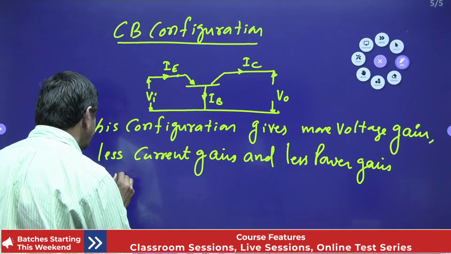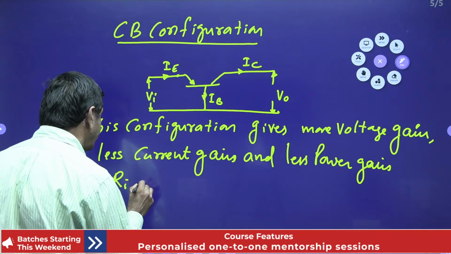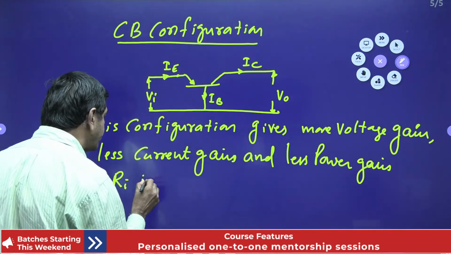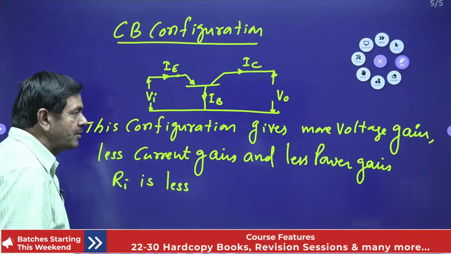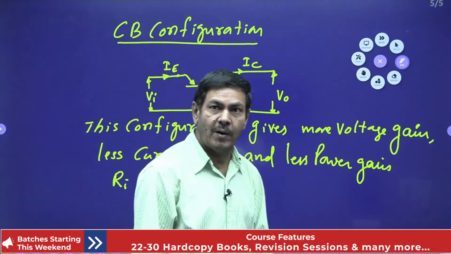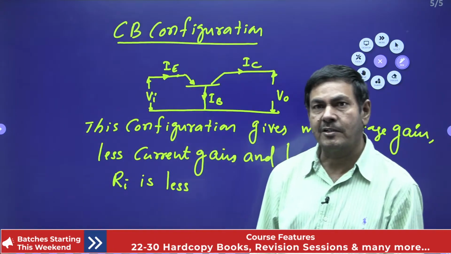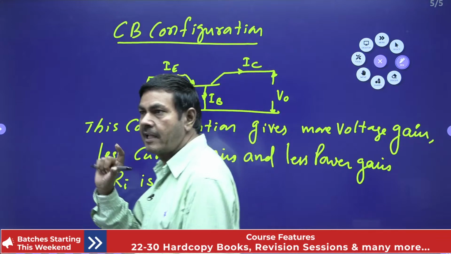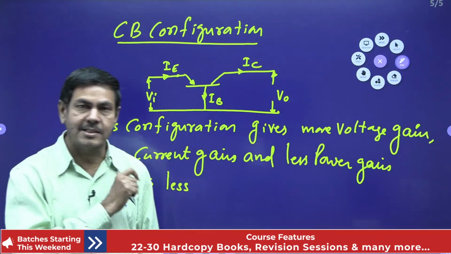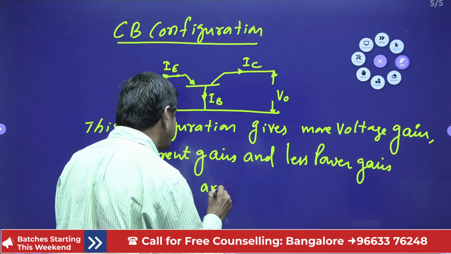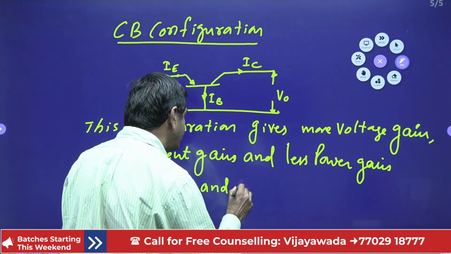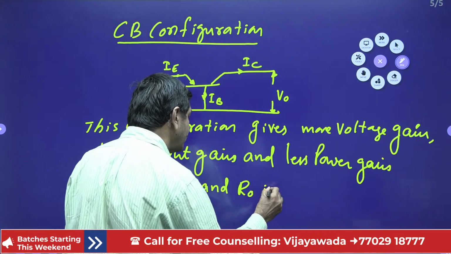The input resistance Ri is always maintained less only. Why it is less, you can understand based upon the mode of operation of the transistor. There I will explain why it is taken less. Ri is less and R naught is maintained more. R naught is large.